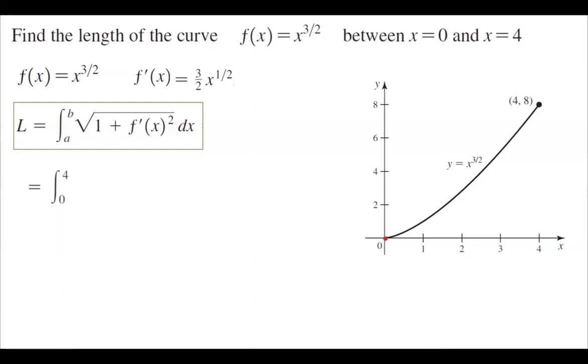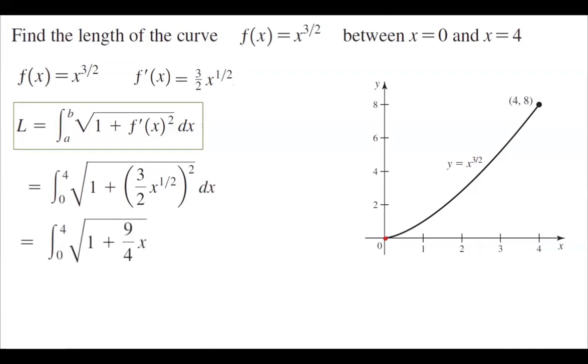Now, L is the definite integral 0 to 4 of the square root of 1 plus the derivative, 3 halves square root of x, to the second dx, which in turn can be written as the integral 0 to 4 of the square root of 1 plus 9 over 4x dx. So we just took 3 halves square root of x and raised it to the second. We get 9 over 4 times x.